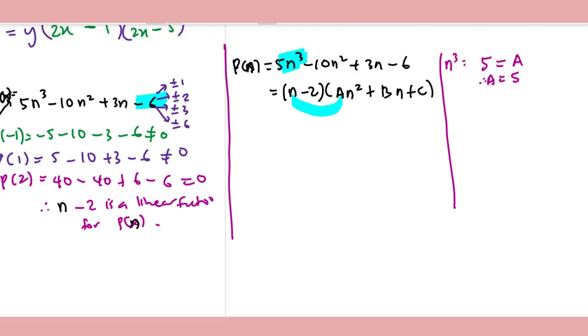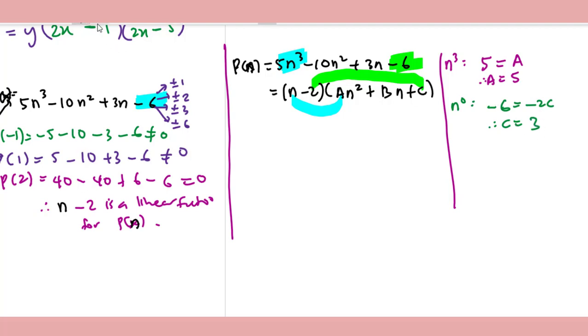Next step, compare the constant. The constant is this one times this one, so the answer is negative 6. Negative 2 times c, so negative 2c, therefore c is equal to 3.